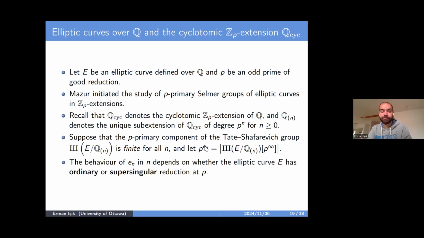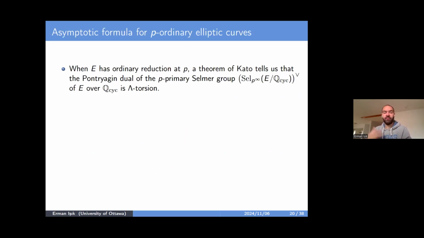its size is denoted by this. It turns out that if one wants to study the behavior of these, the results depend on whether you have an ordinary reduction or supersingular reduction at this prime. So let me show you what happens in the ordinary case. And when we move to the supersingular case, I will explain why we have this difference.